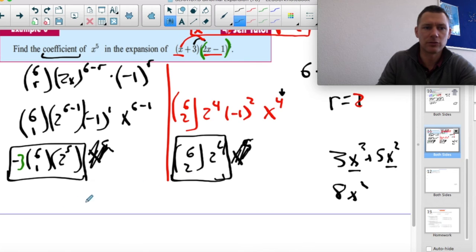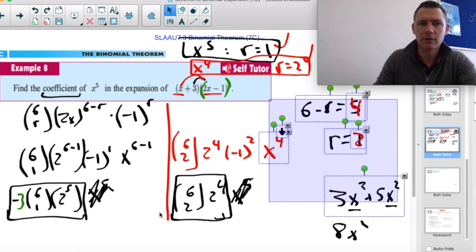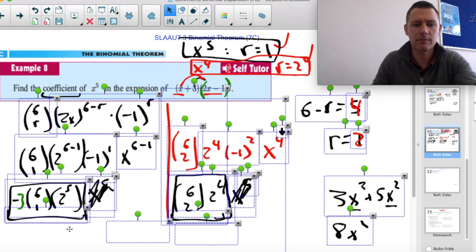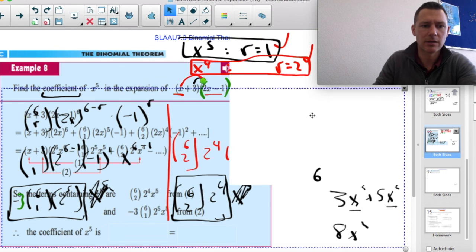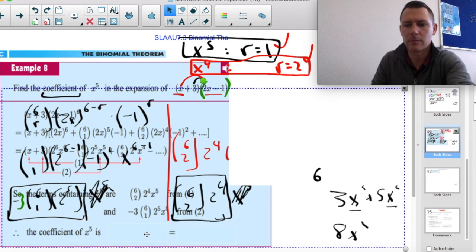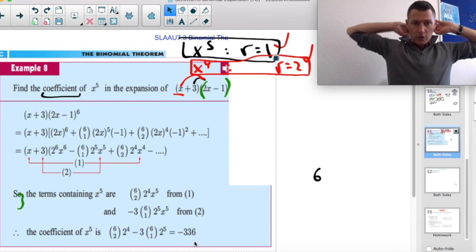Let's see what sort of crazy solution they had for that. 6 choose 2, 2 to the 4th, minus, there's the 3, 6 choose 1, 2 to the 5th. It doesn't turn out too gross. Cool.